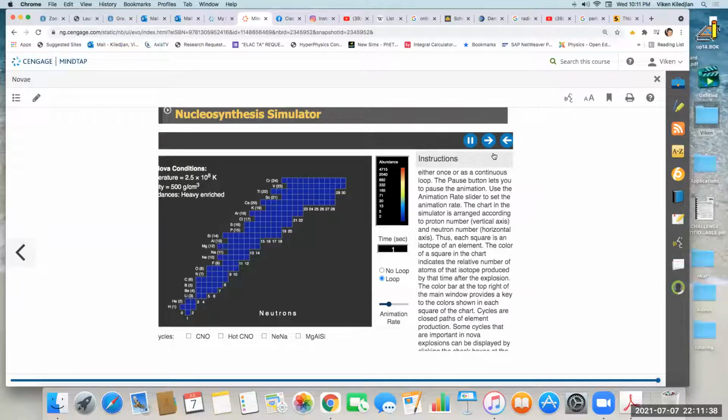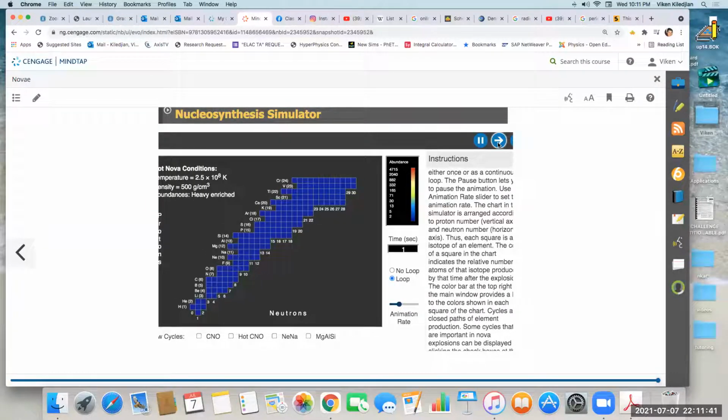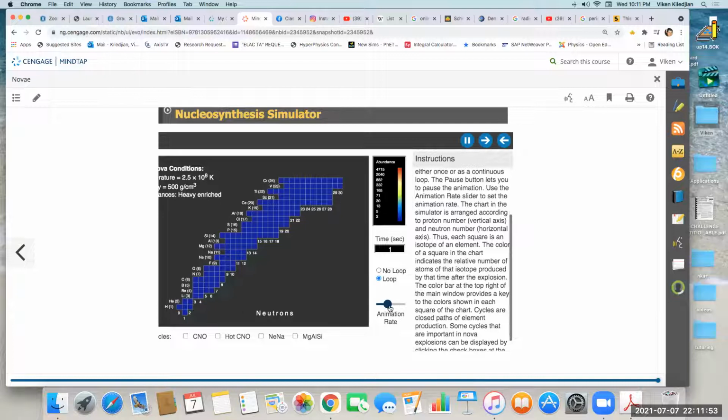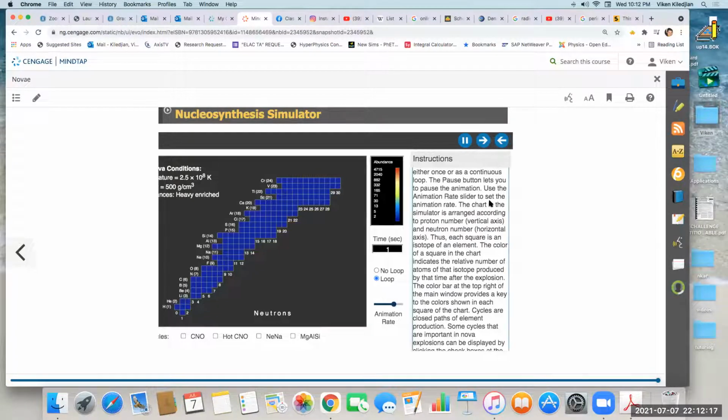So now let's go a step at a time. Wait, is it going forward? Maybe go to a higher animation rate. Why is it that slow? Something is not working.